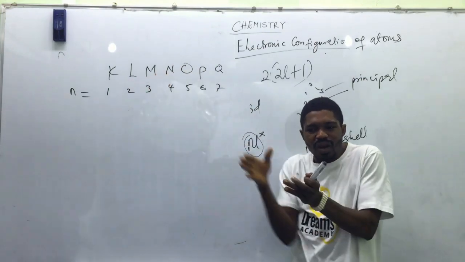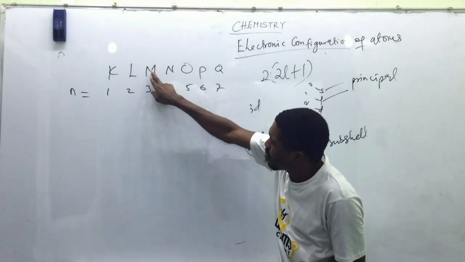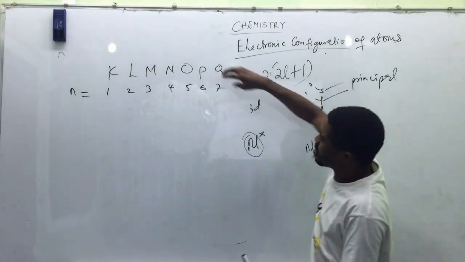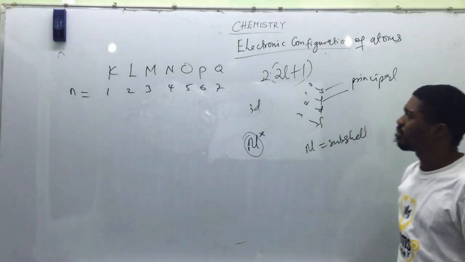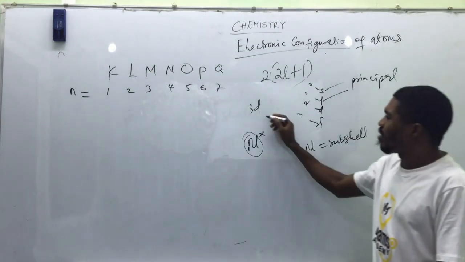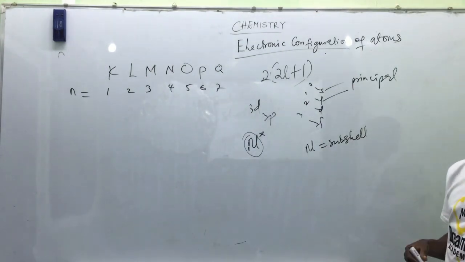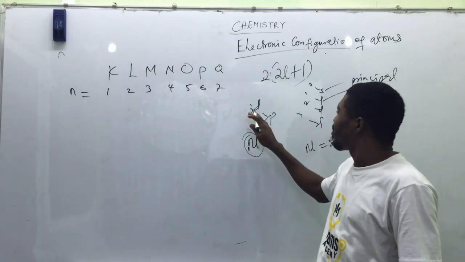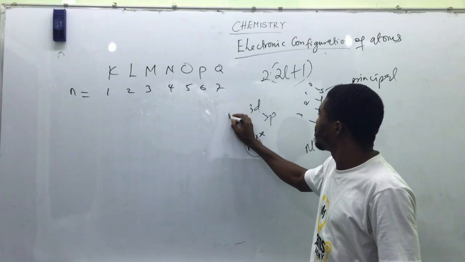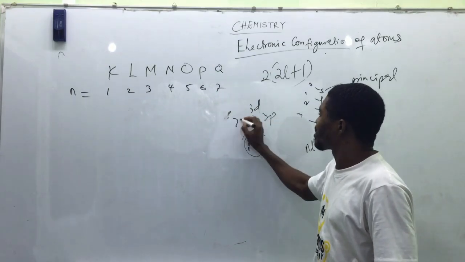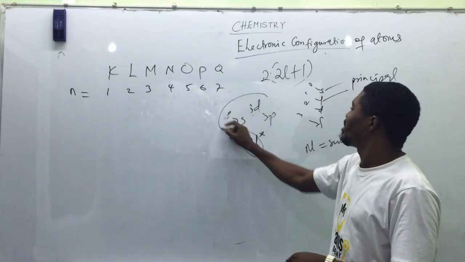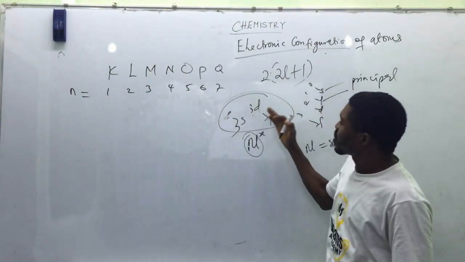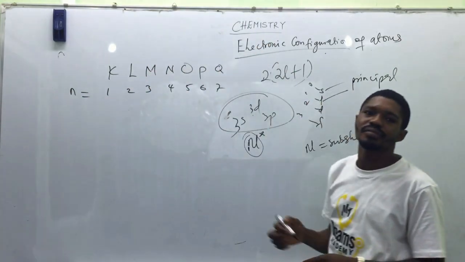That is a smaller unit, a part of this M shell, not the whole of it, because there are other available spaces within the M shell, because you can still have 3p. If you collect all of them together, 3s, 3p, 3d, you have the shell. These are the 3 subshells that make up this M shell.